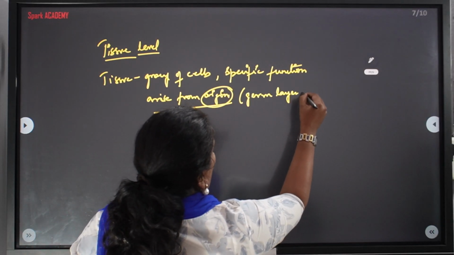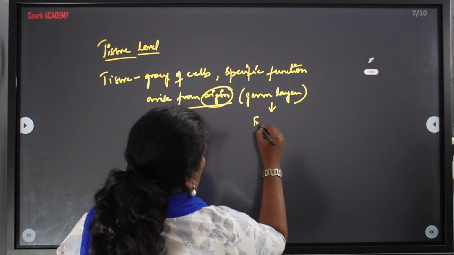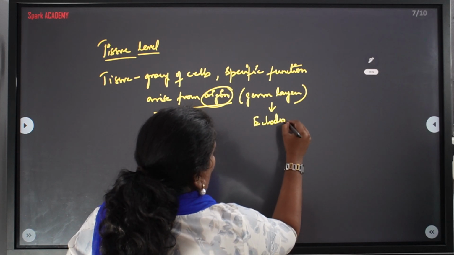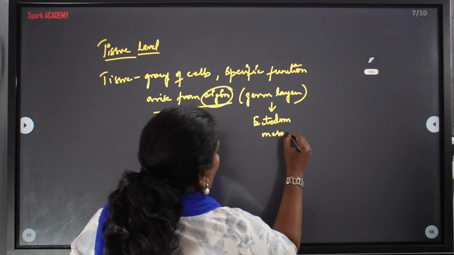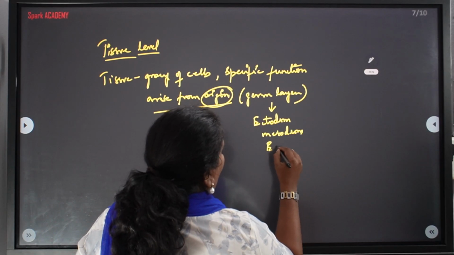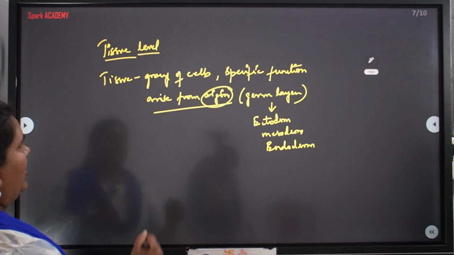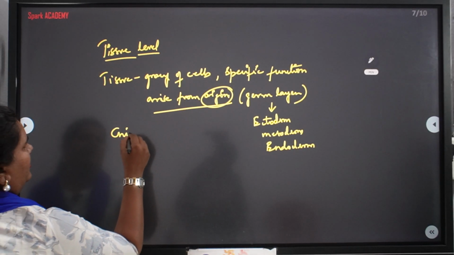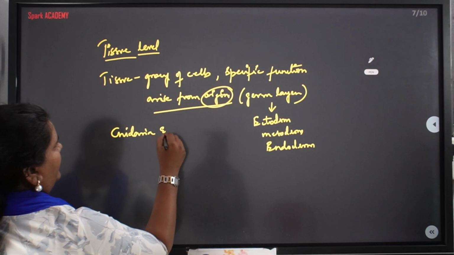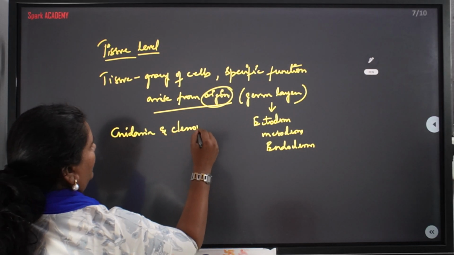జర్మ్ లేయర్స్ అంటే ఏవేవి? మనకు 3 జర్మ్ లేయర్స్ తెలుసు కదా, ఎక్టోడర్మ్, మీసోడర్మ్ and endoderm. Right? So under tissue level we have Cnidaria and Ctenophora.